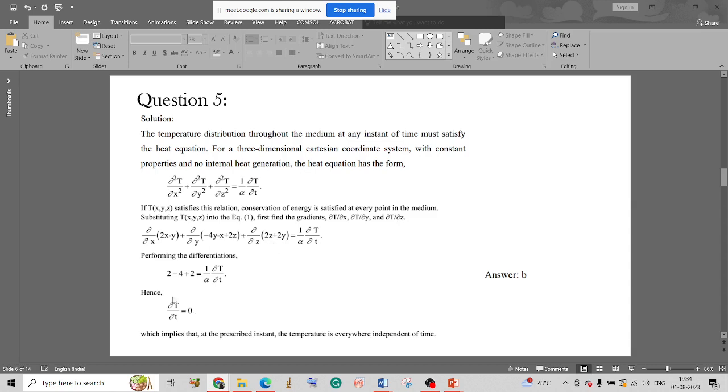If we solve this, we find that del T by del t becomes 0. What does that imply? It implies that at the prescribed instant, the temperature is independent of time.